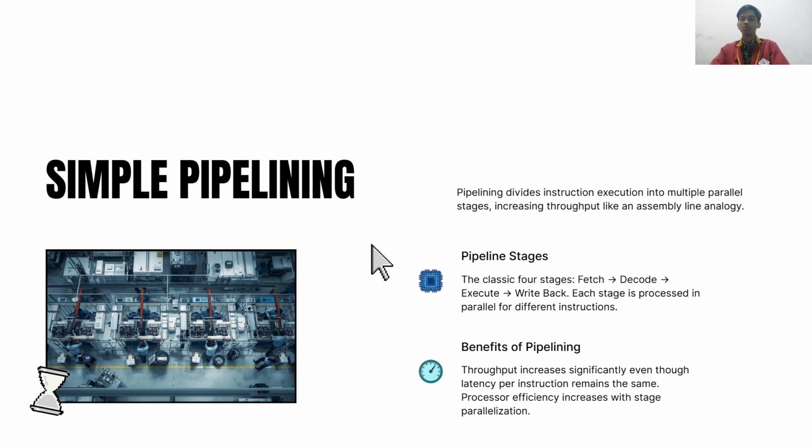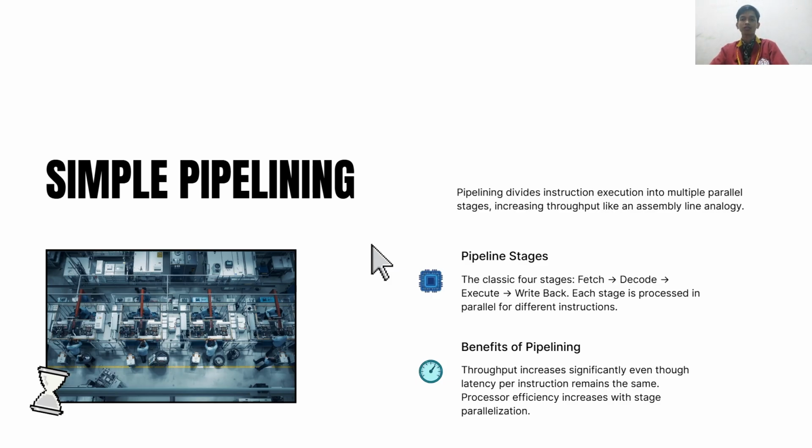While one instruction is being decoded, the next instruction is already being fetched. As a result, throughput, the number of instructions completed per second, increases dramatically, even though the time per individual instruction does not decrease. Pipelining is one of the key innovations that makes modern processors faster without requiring an extreme increase in clock frequency.